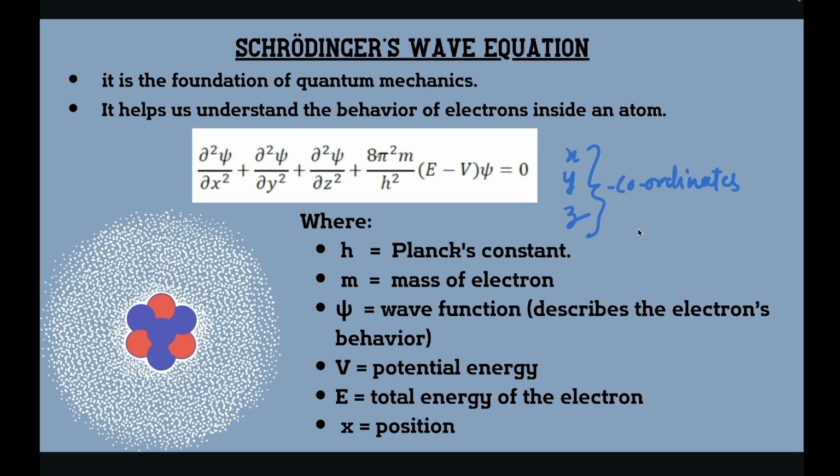That means its position is limited to the length of the box, which we call x, the coordinate. The Schrödinger wave equation uses this coordinate x to find the wave function, which tells us the probability of finding the ball at different positions inside the box. So the coordinate x is just like a location marker along the box.